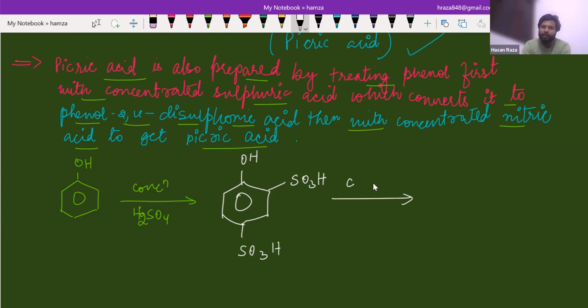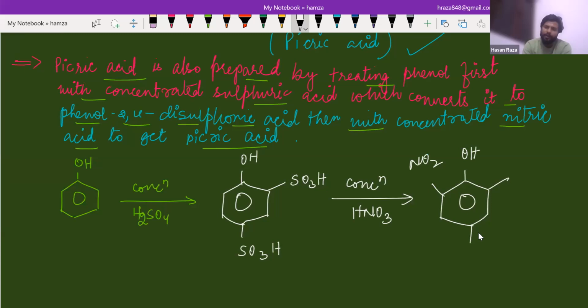Again, if you treat this with concentrated HNO3, then with respect to OH, there will be NO2, NO2, and NO2. This is our picric acid.